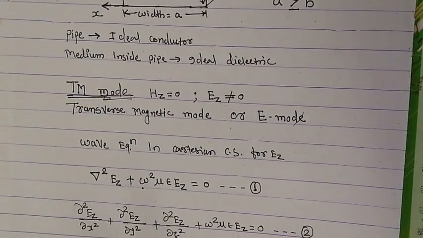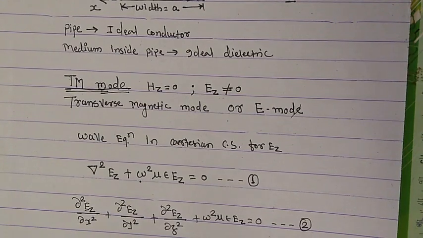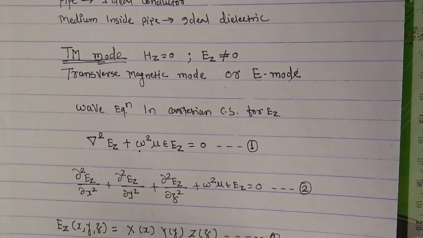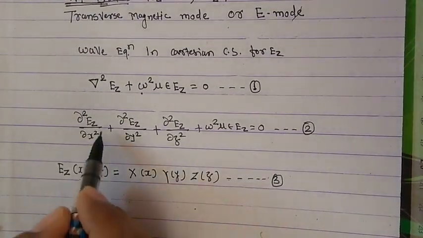Now let us write the solution for a traveling wave in the direction z. So how do we proceed? We'll use this equation in equation 2.